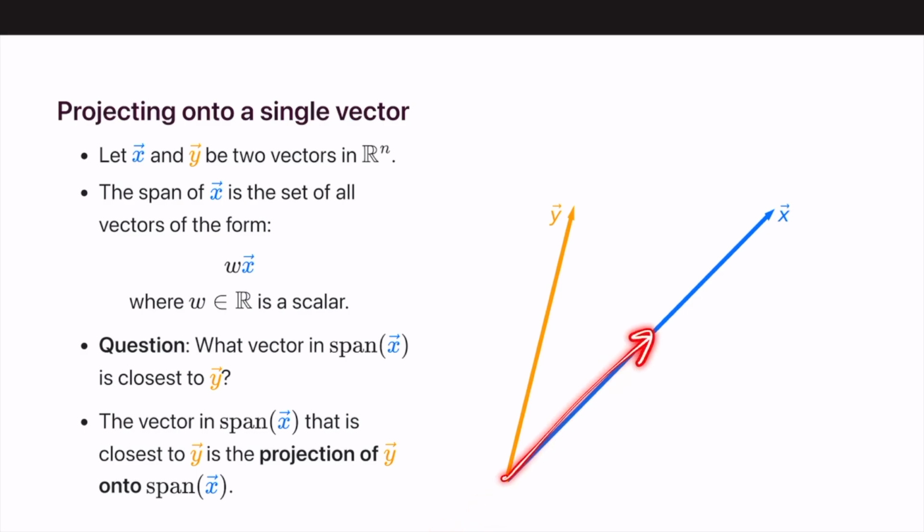This is going in the same direction as y, kind of, compared to this. And we can also say that this vector here is not as similar to y as this vector. We'll call this one x1, and this one x2. x1 is closer to y than x2 is. And what we really want to find is some projection that minimizes the difference, or makes these two things as similar as possible.